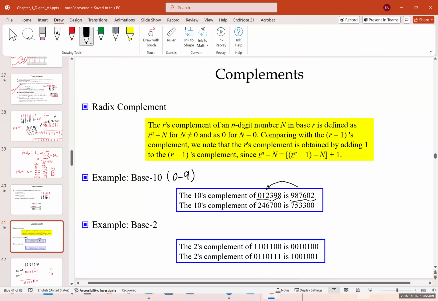Yes. So what is the complement of 0? What is the complement of 1? Of 2? Of 3? Of 4? Of 5? 6, 7, 8, 9, and so on.